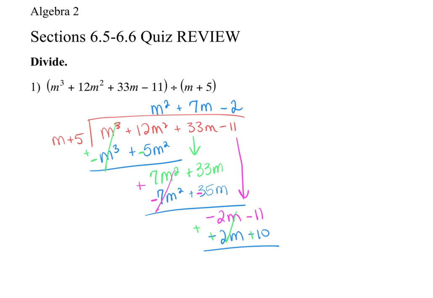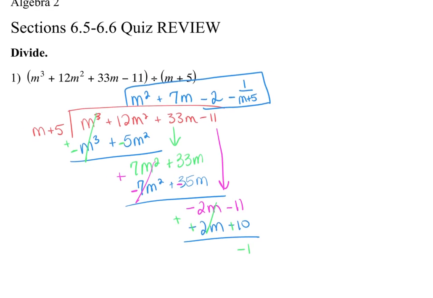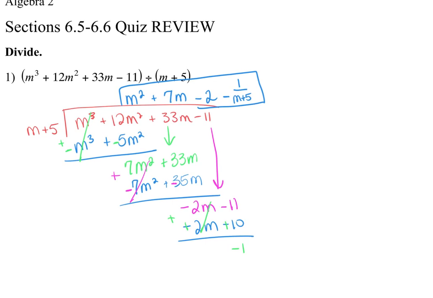Negative 11 and positive 10 give me a negative 1. Negative 1 is technically my remainder, but I'm going to write it like this. I'm going to say m squared plus 7m minus 2 minus 1 over what I was dividing by. And that is my answer with long division.